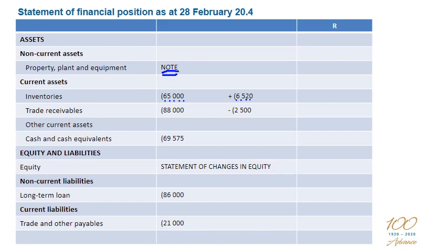For trade receivables, that is my debtors control minus my allowance for credit losses. So you need to know how we get to each amount in the statement. Other current assets, these will be other than inventories, trade receivables, and cash equivalents.